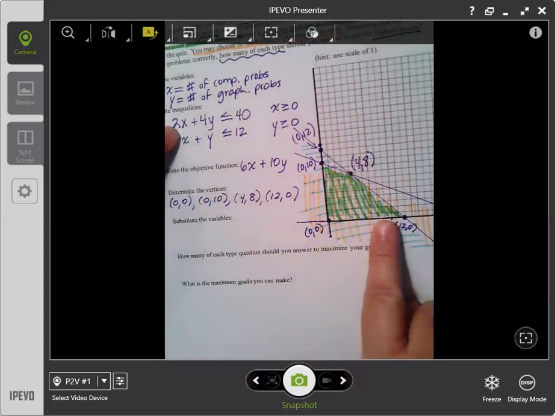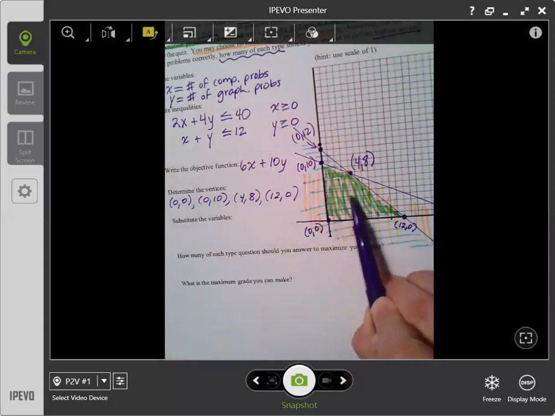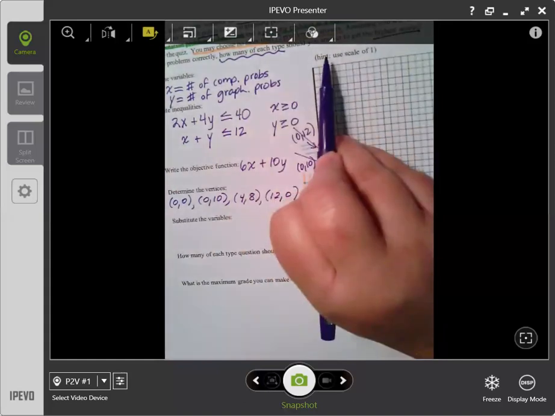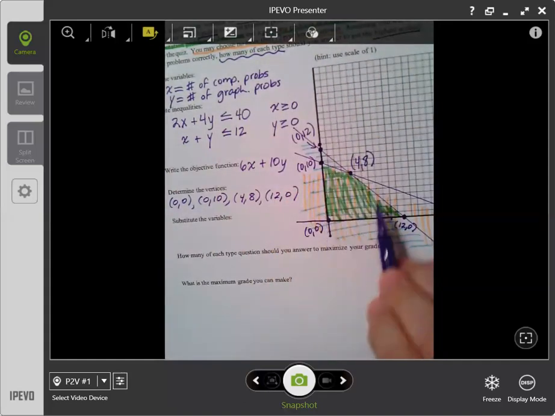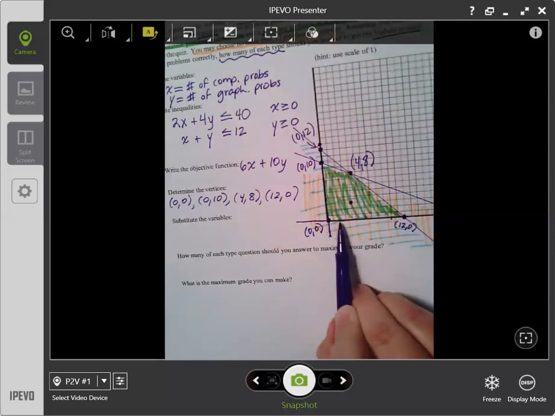So on Delta Math, when they asked you to give a solution to it, everything that is shaded green is technically a solution to this problem. Meaning if I randomly pick any point in here, for instance, this point right here, 4 computation problems and 3 graphing problems.